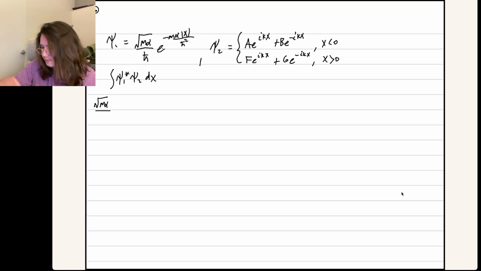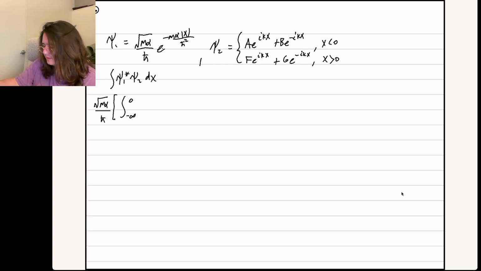We got root m alpha over h bar, and because psi 2 has different constants depending on if you're in negative position or positive position, I'm just going to go ahead and split the integral up into negative and positive parts. So here's the negative part.